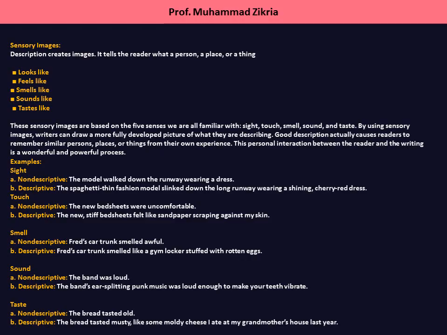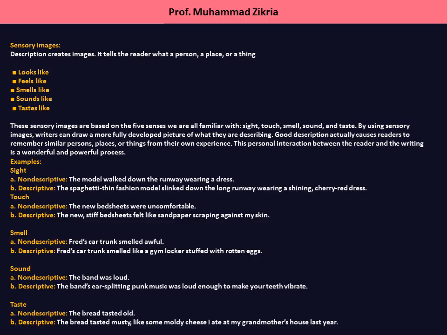Example: sight, non-descriptive. The model walked down the runway wearing a dress. More descriptive: the spaghetti-thin fashion model slinked down the long runway wearing a shining cherry red dress. Touch, non-descriptive: the new bed sheets were uncomfortable. Descriptive: the new stiff bed sheets felt like sandpaper scraping against my skin.